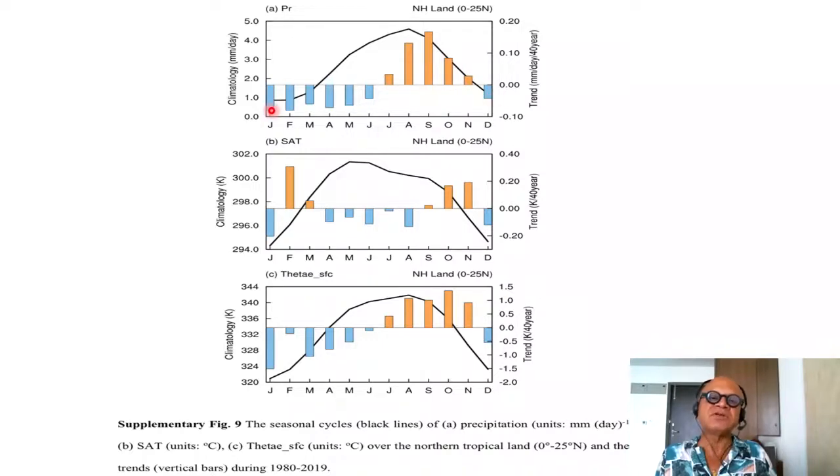But the trends show that it's going to decrease in the early part of the year, so first half of the year, increase in the second half, but already dropping off in December.